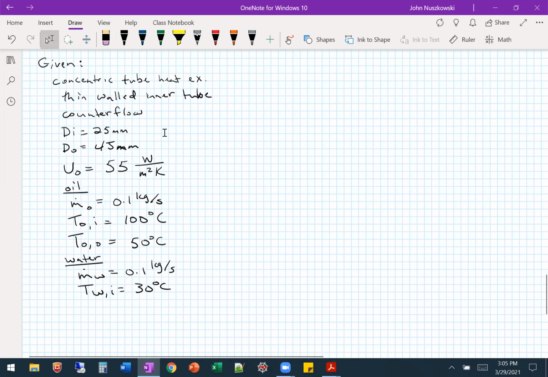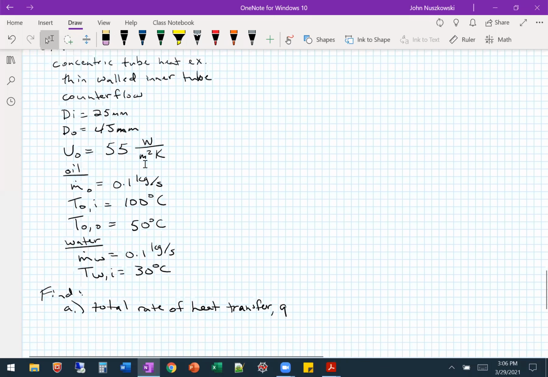All right, so then they want us to find, part A, the total rate of heat transfer, Q, and the water outlet temperature.